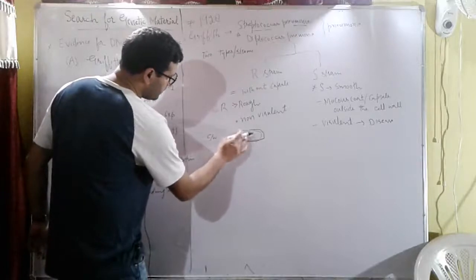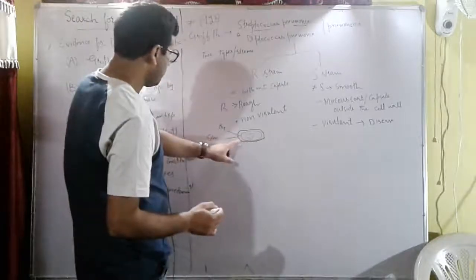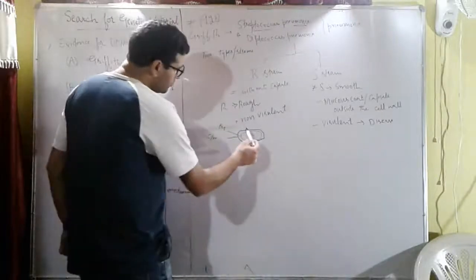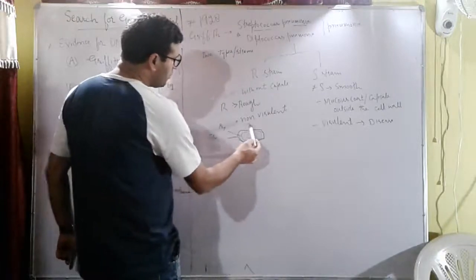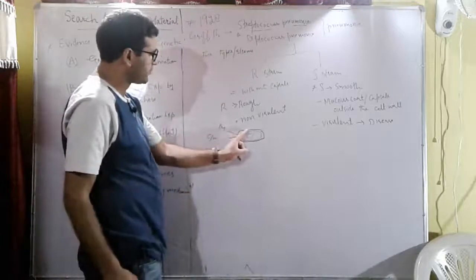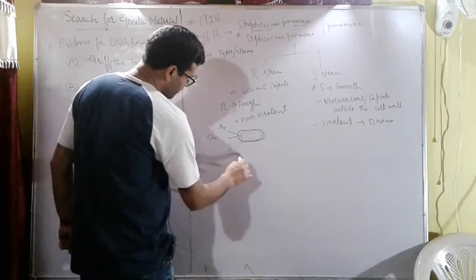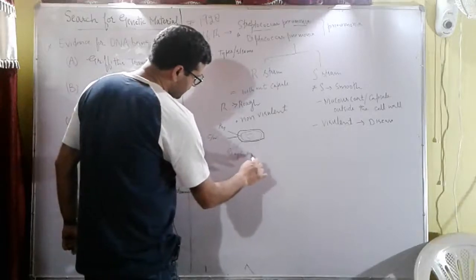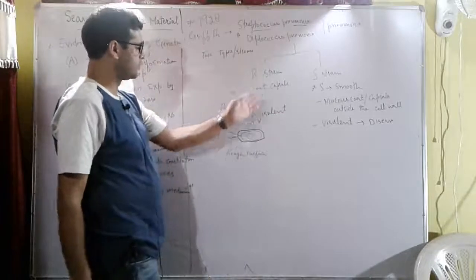This is the plasma membrane. That means there is no capsule or mucus coat outside the cell wall, so its surface is rough. So here we have a rough surface. That is why this type of bacterium is called R strain.